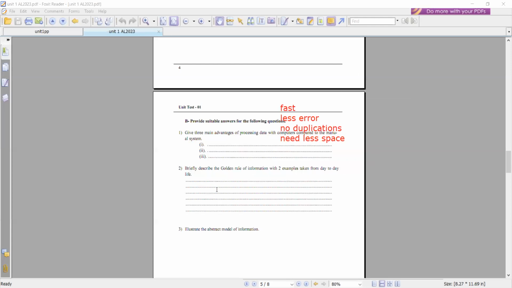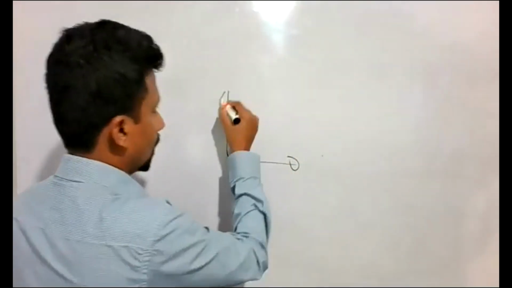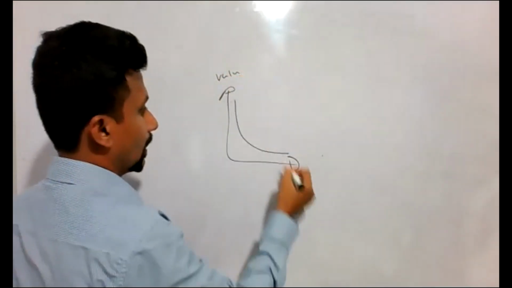Okay, then briefly describe the golden rule of information with 2 examples taken from day-to-day life. I think earlier also I explained that the golden rule of information means, you can remember, this is the value and this is the time.